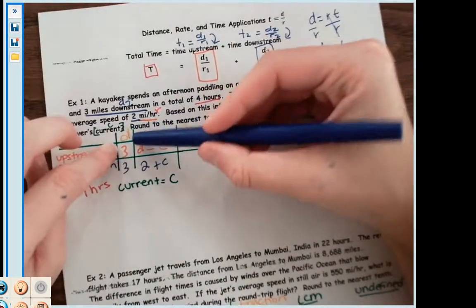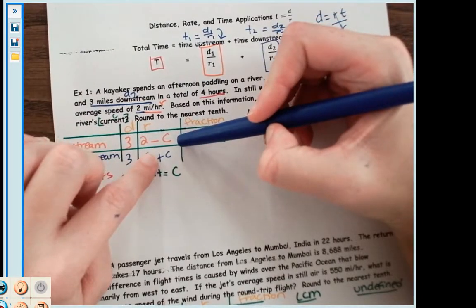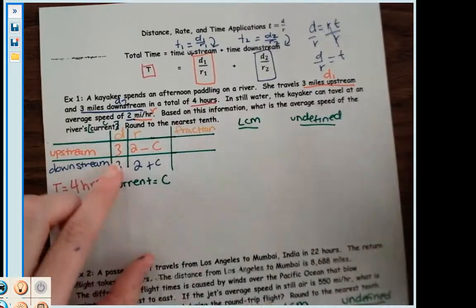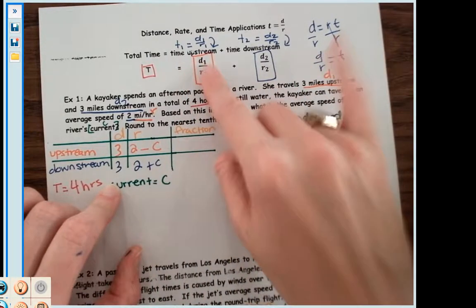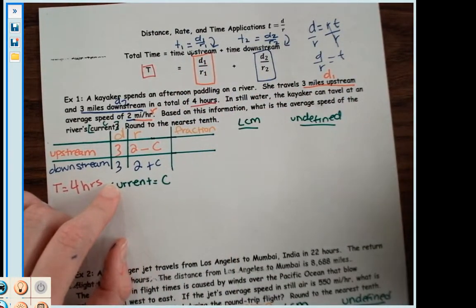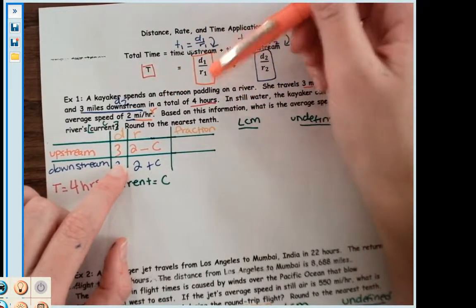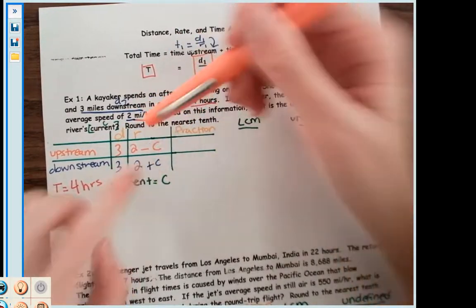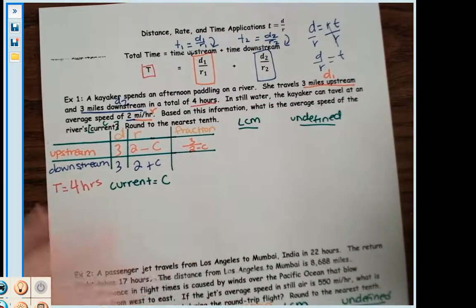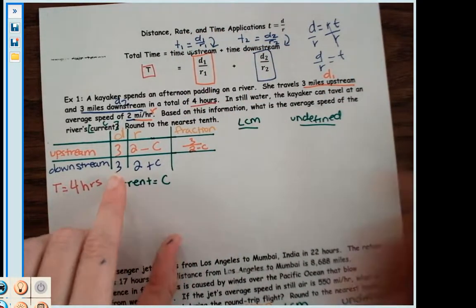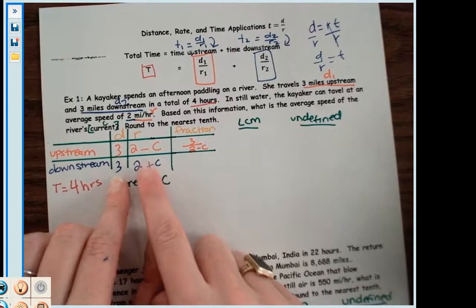So we're going to put our distance and divide it by our rate. All I'm going to do is take my distance values and divide it by my rate so I know what these values will be in my nifty equation. So distance over rate, I'm going to put my 3 over my 2 minus c in this first one. So 3 over 2 minus c, and downstream will be almost the same, but my rate's a little different.